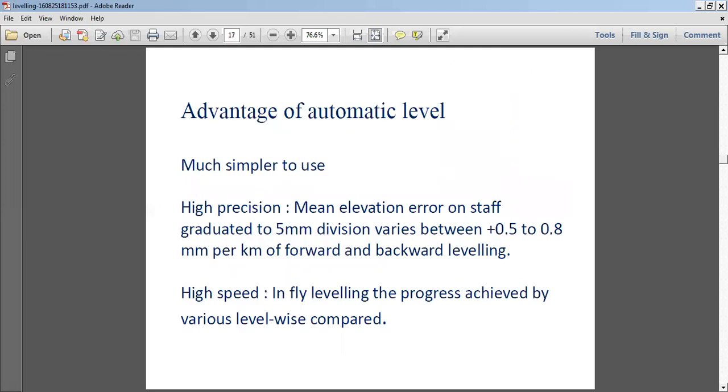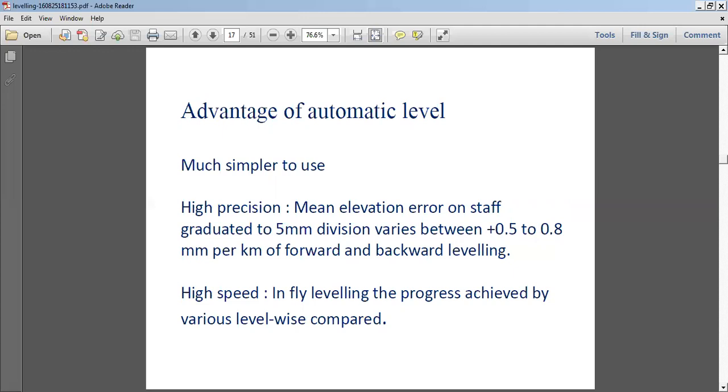Here are some advantages of the automatic level. High precision, as I already discussed. There would be chances of error on the staff if we take readings with fluctuation in the telescope, as we discussed for the tilting level. In this case, it is not like that, so we can take precise readings even over kilometers.